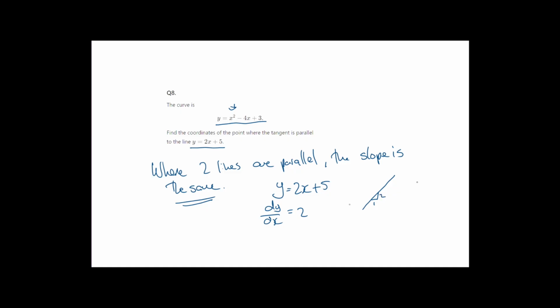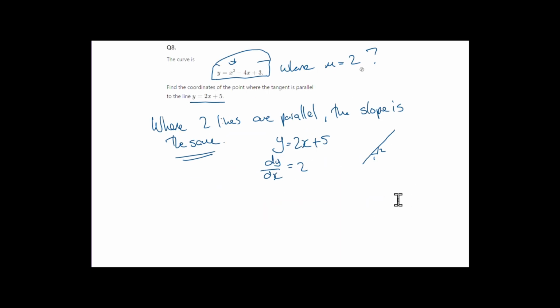So in other words, we want to find where in this function the gradient equals 2. And when we find that, it's going to be parallel to this tangent here.